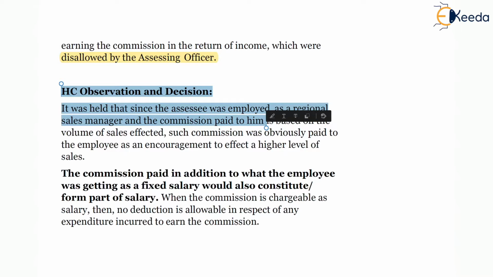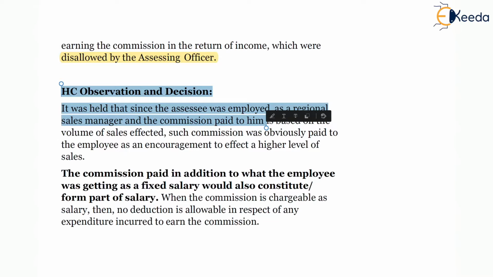So as far as our analysis is concerned, commission income is taxable as salary income, and deduction and expenses thereon won't be allowed as deduction in the hands of the employee, only because the commission income is treated as salary income and there are no additional deductions allowed.